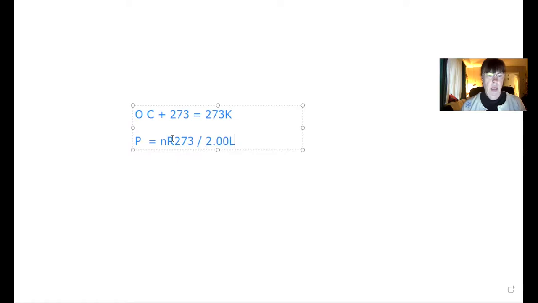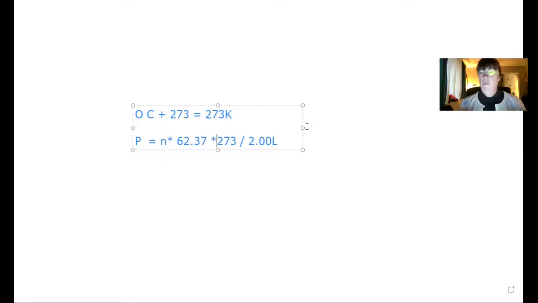I could even redo this so that you're actually seeing the 62.37 value for your R. So n times R times T divided by 2 liters will give you your pressure values.